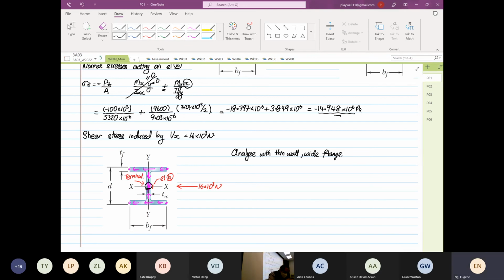So element B is also one of our terminals. So for this case, the shear stress in the Z plane, Y direction is equal to 0. Why is it equal to 0? Because it's a terminal, element B is at the terminal.